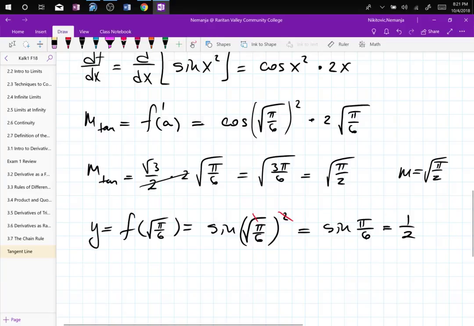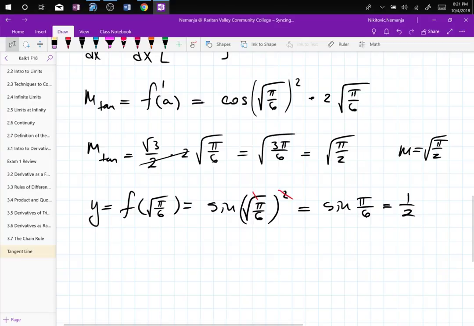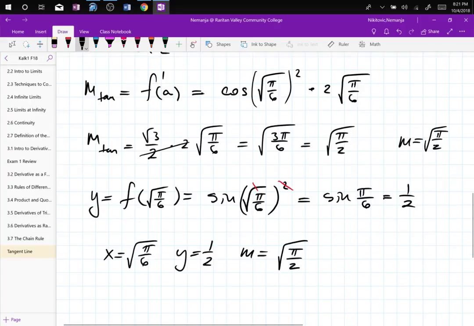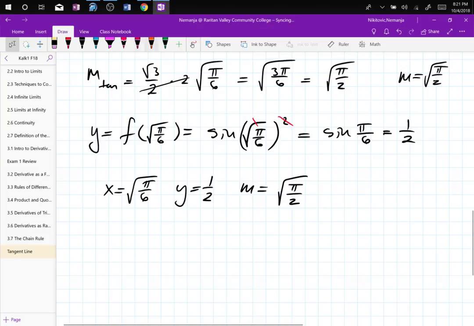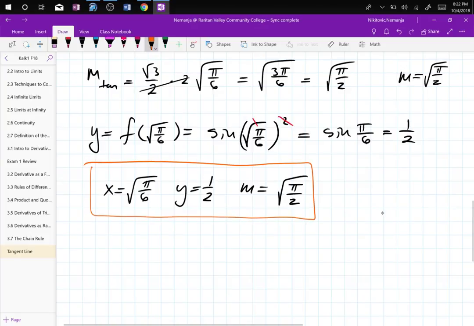Wow. No coffee. So now I have x equals square root of pi over 6, y equals 1/2, and slope m equals square root of pi over 2. So these are the three values which I need to put together the equation of the line.